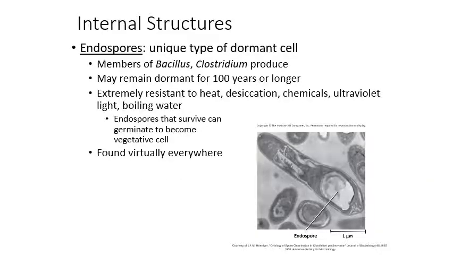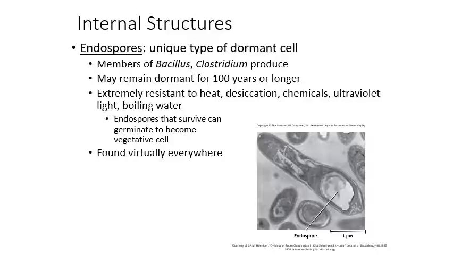Another structure here is an endospore. I think we mentioned endospores in a previous video as well. Endospores are basically a dormant region of genetic material that some bacteria are capable of forming. Only bacteria in the genus Bacillus and the genus Clostridium are capable of forming endospores. If a bacterium can form an endospore, that endospore can survive even when the rest of the bacterium is dead.